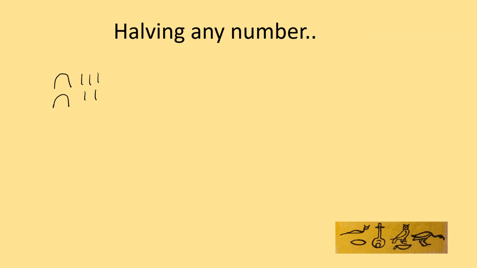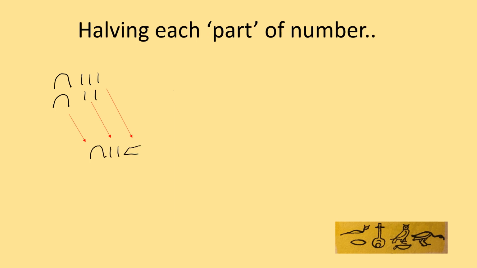So we can use halving to make any number. Let's start with the number 25 and see how that works. We know 25 is 2 tens and 5 ones. So we are going to start off by finding half of the 2 tens and half of the 5 ones.